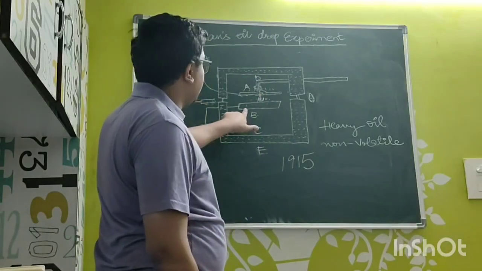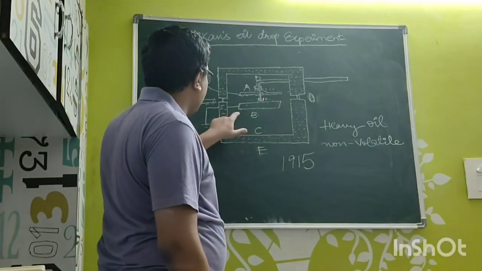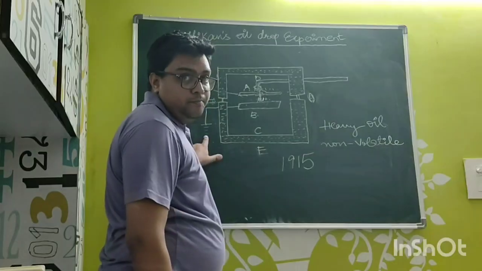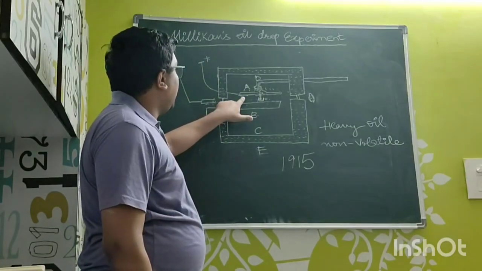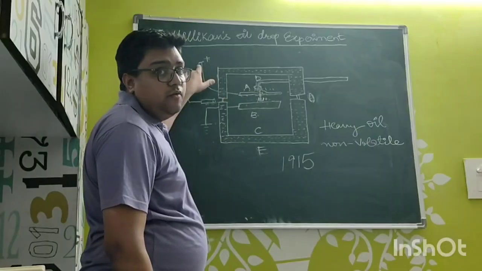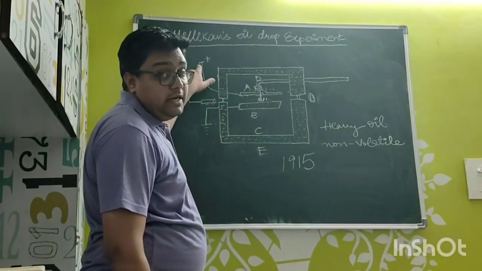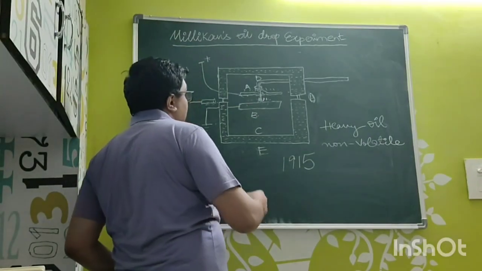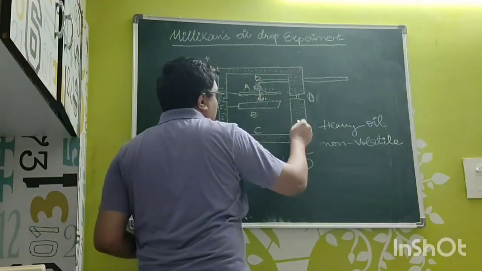Now we can observe that brass plate B is grounded, and brass plate A is connected to a high tension battery.